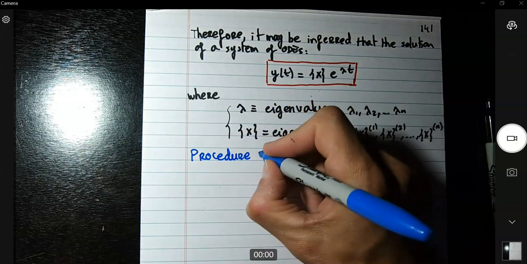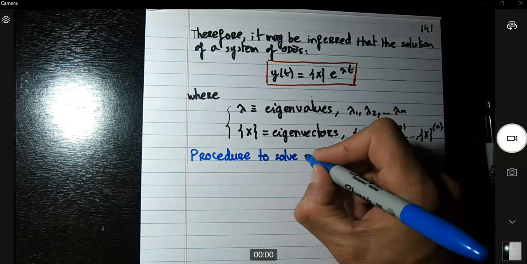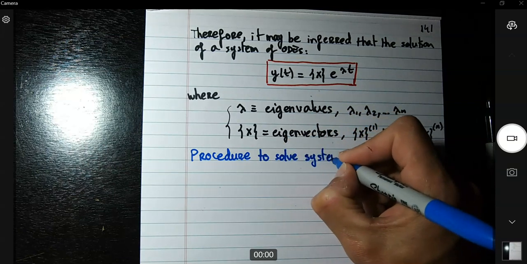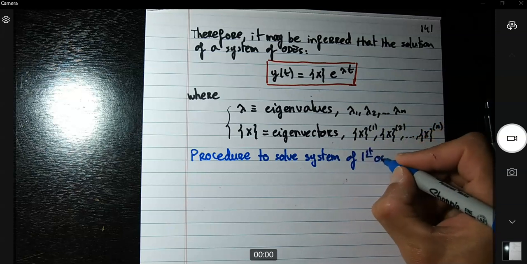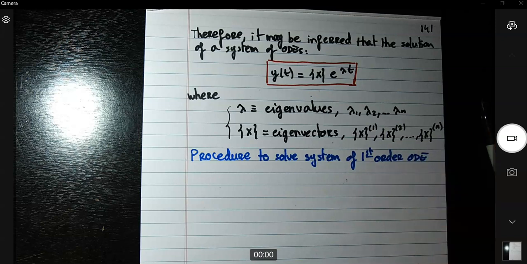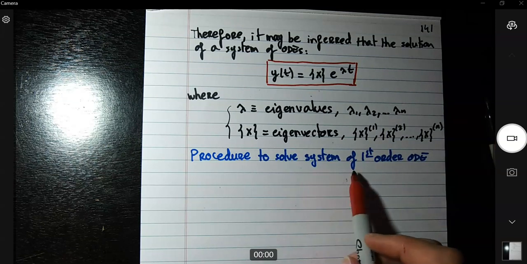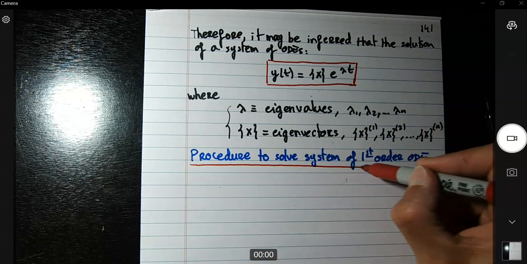So, procedure to solve a system of first order ODEs. Here I'm implying that the system of ODEs is linear and homogeneous.